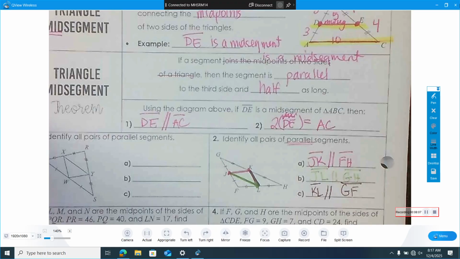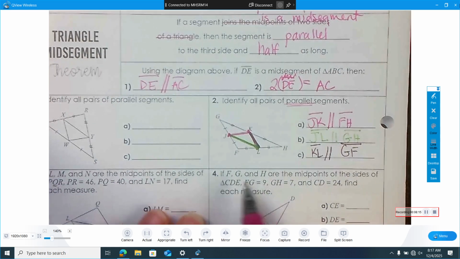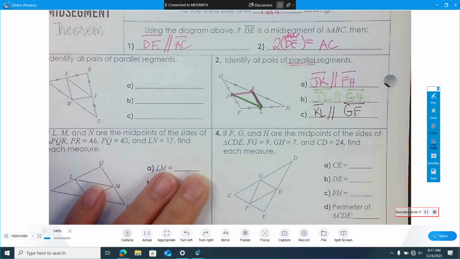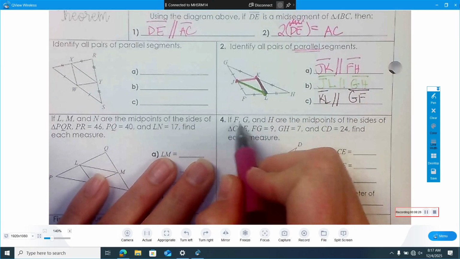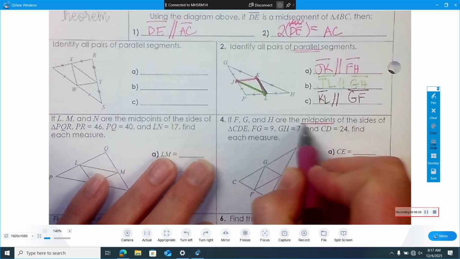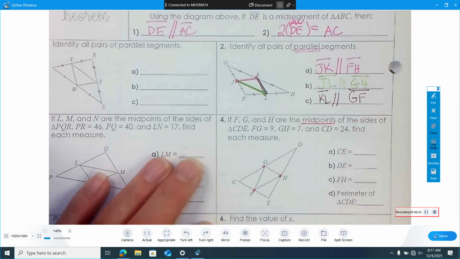All right, let's look at number 4. Reading carefully, ladies and gentlemen. So important that you're reading super carefully. And anytime you read something, what do we need to do? Mark our picture up. Yeah. So F, G, and H are midpoints.